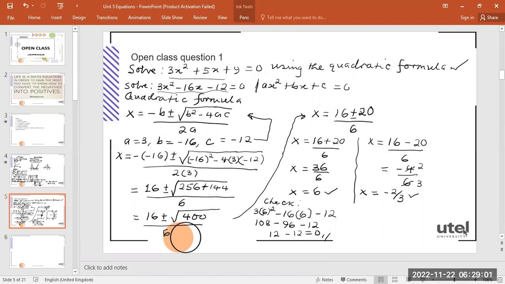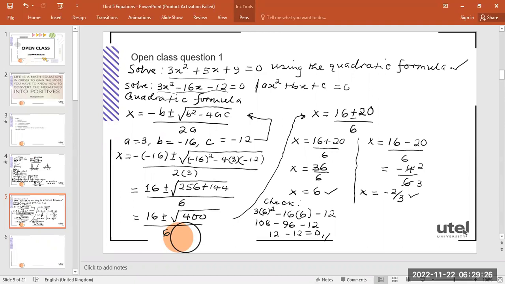So the first method is the factorization method, as you've seen. The second method is using the quadratic formula. And the third method we are going to use to solve this same equation is called the method of completing the square. And of course, there is a fourth method, which we may not do. That is the graphical method, as I highlighted at the beginning.